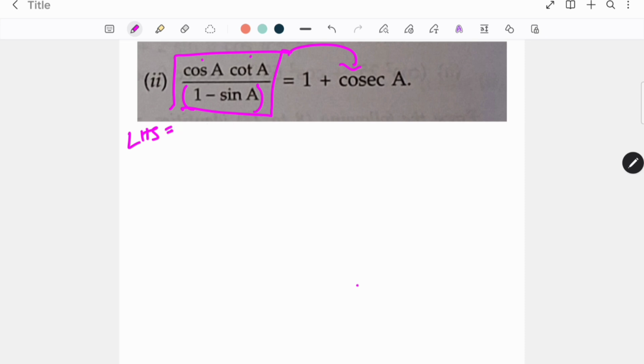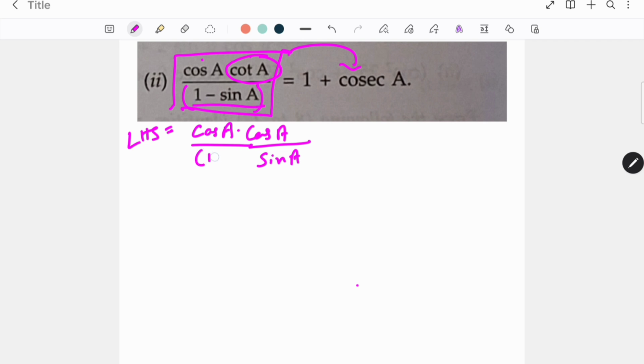First step, what we are going to do, this cos A we are keeping. This cot we are splitting. We know cot means cos by sine, and down this 1 minus sine A we are keeping.